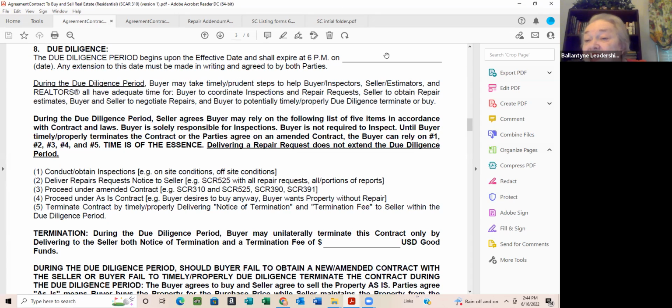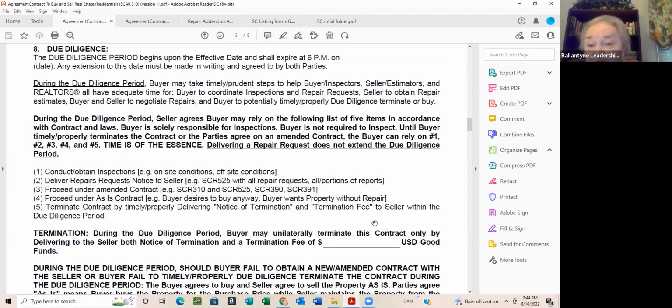But if they choose to terminate by this date, they cannot do so without submitting a certain amount of money, and that's called a termination fee. In North Carolina, we call it a due diligence fee, and it's collected up front. In South Carolina, it is not collected up front. They don't anticipate needing the termination fee. They are anticipating the buyer is going to go to closing.